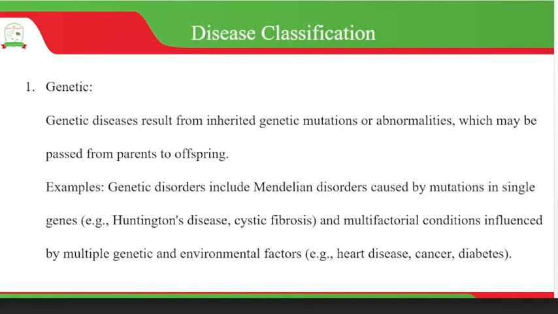Of course, we know that genes are character determining factors. So for example, in our cells, we have red blood cells, and the red blood cells are responsible for transporting oxygen from the lungs to our tissues. Now, if their structure is altered, it means the ability to transport this oxygen is also going to be deviated.